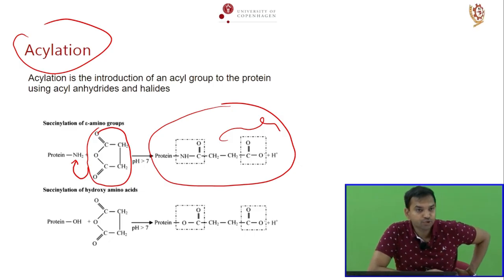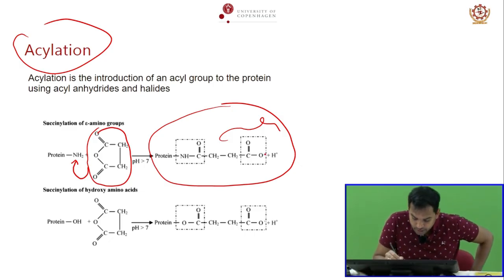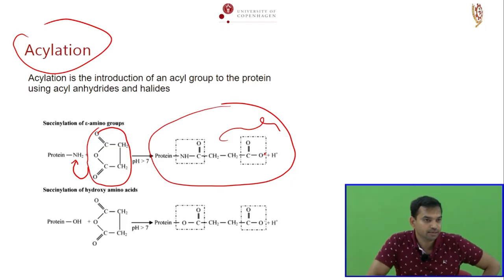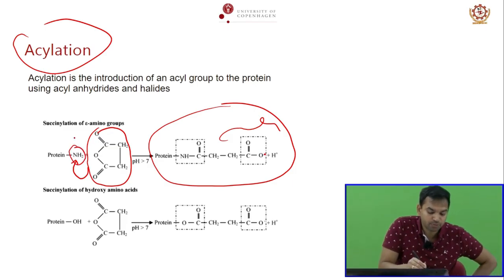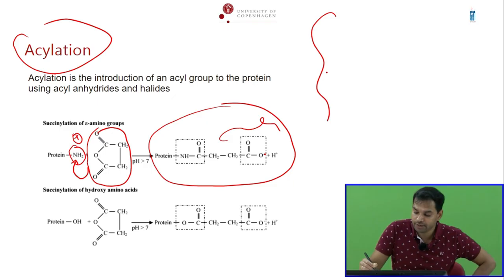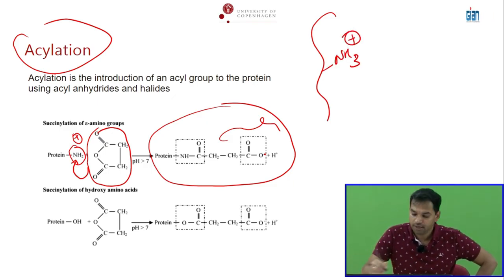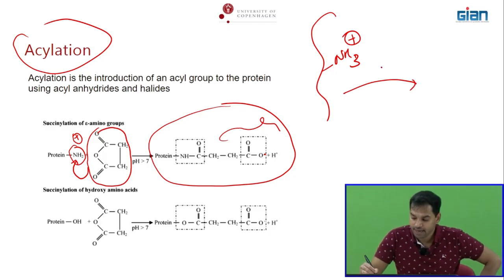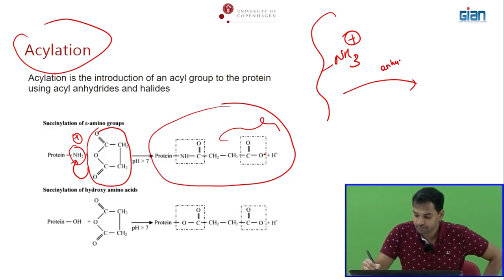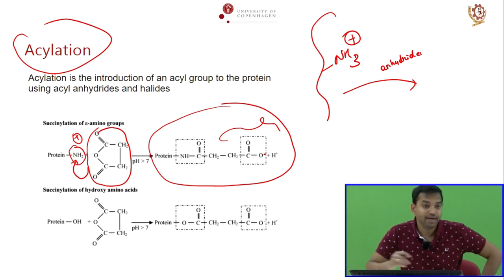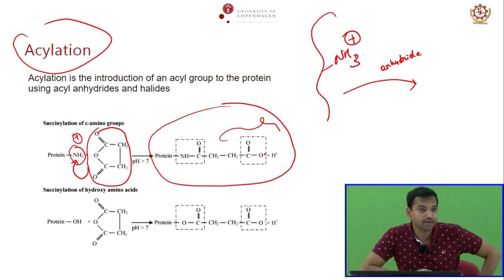So this new group, can you see it has a negative charge, right? Originally the amino group was positively charged. You know that the amino group gets a positive charge, right? Now we add an anhydride. It could be acetic anhydride, it could be succinic anhydride.